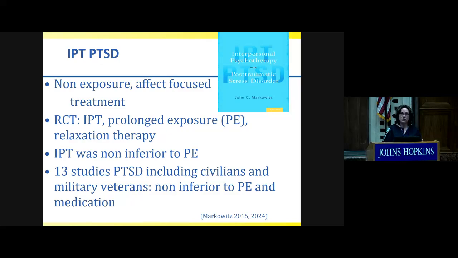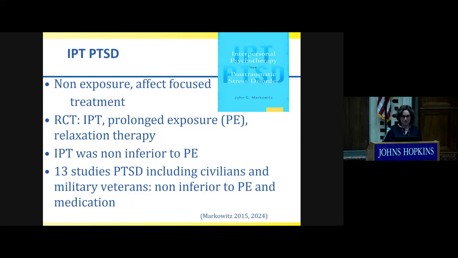So in the first large randomized controlled trial, they compared IPT for PTSD to prolonged exposure and relaxation therapy. At this time, exposure therapy was the gold standard. And they found that IPT was non-inferior to prolonged exposure. And this was pretty seminal work because it's expanding our evidence base of therapy for those with PTSD.